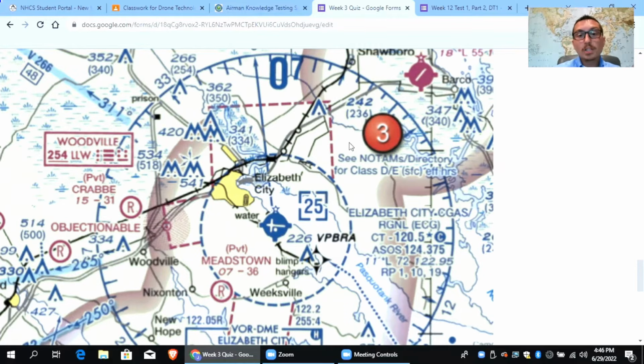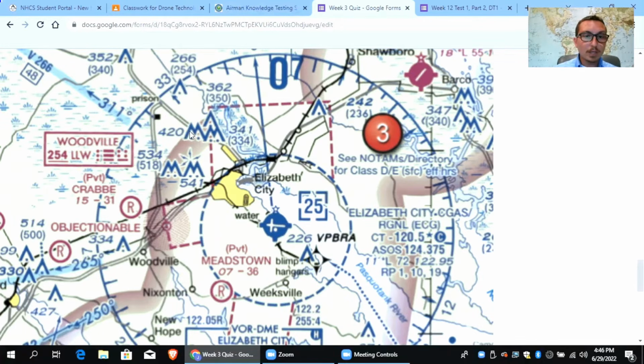No, because remember this shaded magenta line is meaning that Echo airspace starts at 700 feet. So you're fine below 700 feet. You do not need ATC permission if you were above a tower. Now, you're not above a tower over here, so you can only fly to 400 feet. But you still wouldn't need ATC permission.